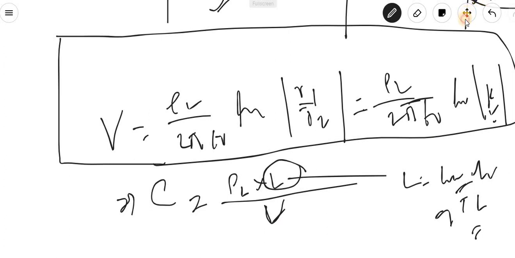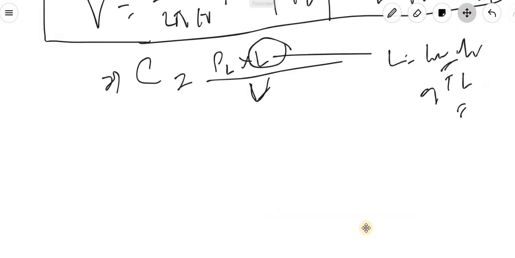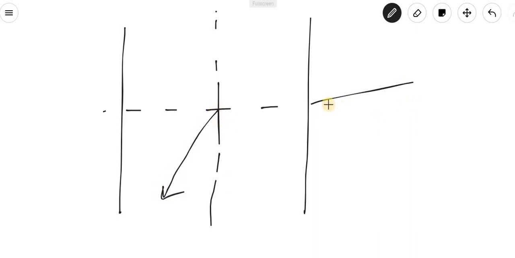Now I am presenting a transmission line, and this is the actual case. You can consider this as the origin, and suppose this is the x-axis, y-axis, and this is the z-axis.